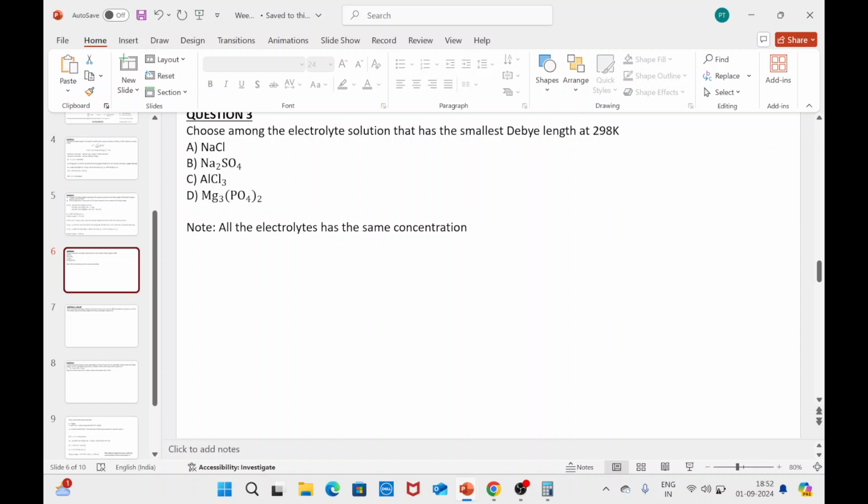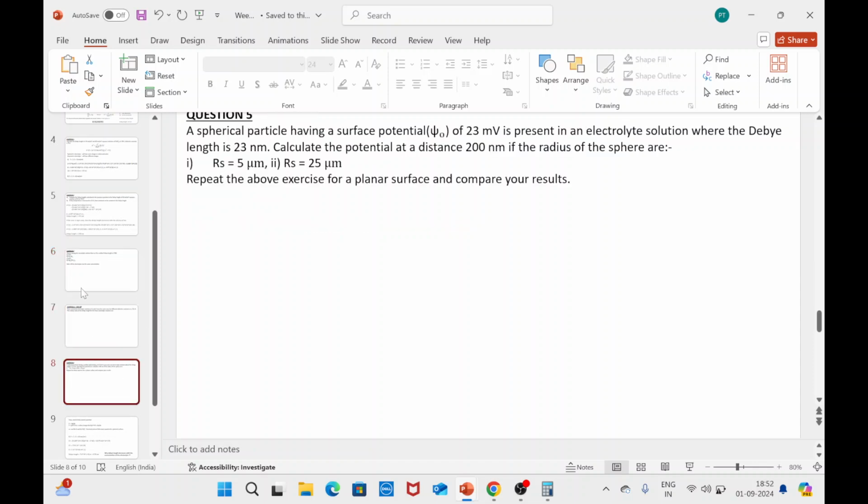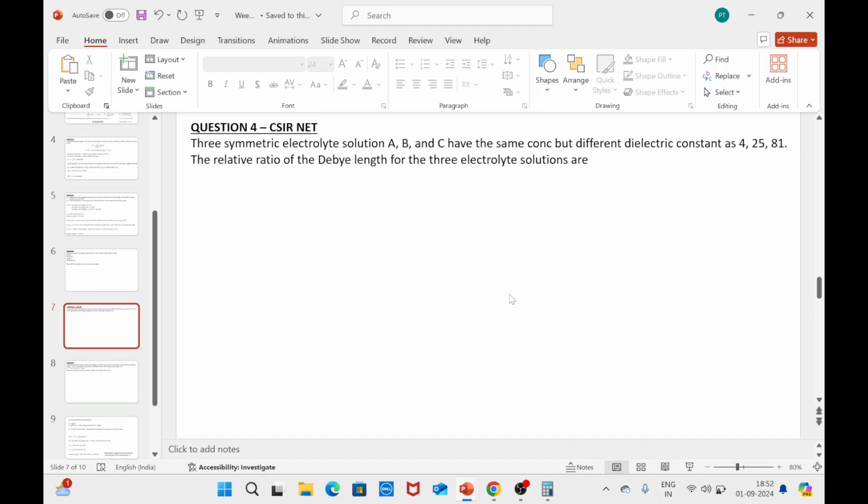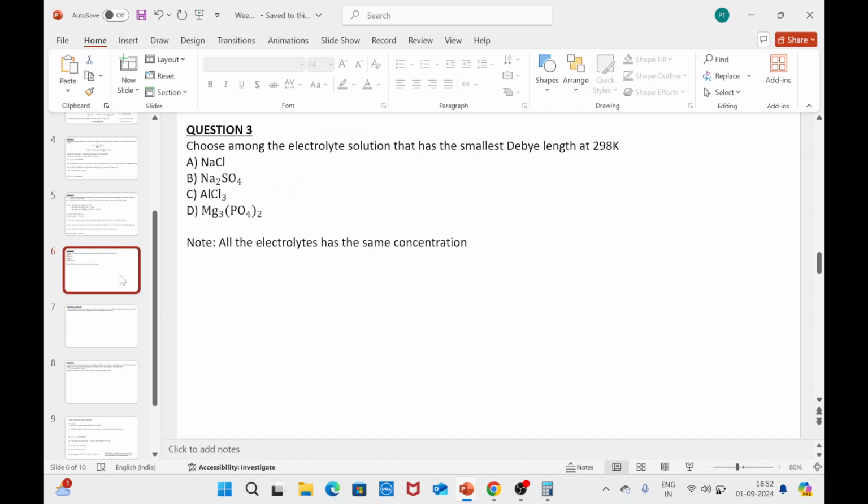Any questions? Anyone? The last three questions, at least question numbers 3 and 4, are like questions from competitive exams like CSIR NET. So you can really get to know these.